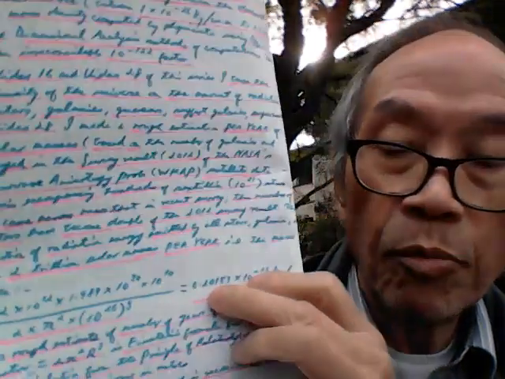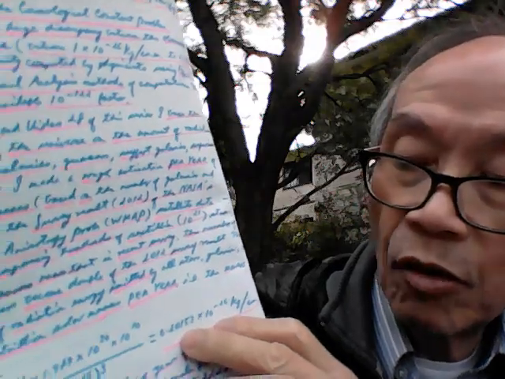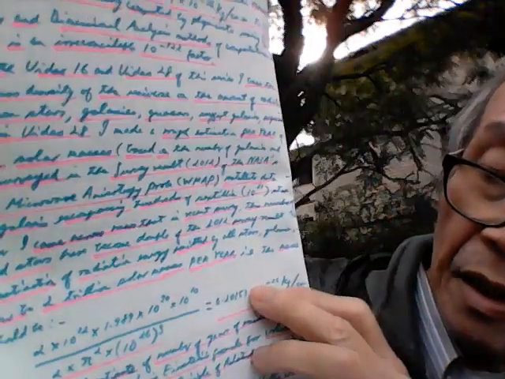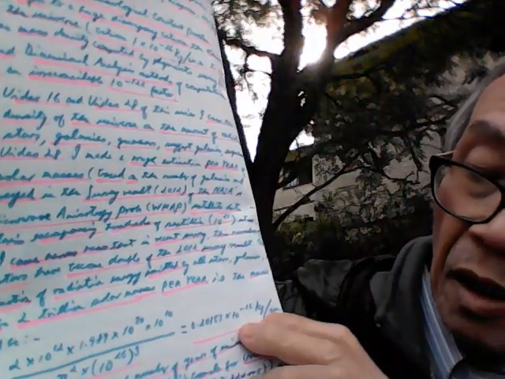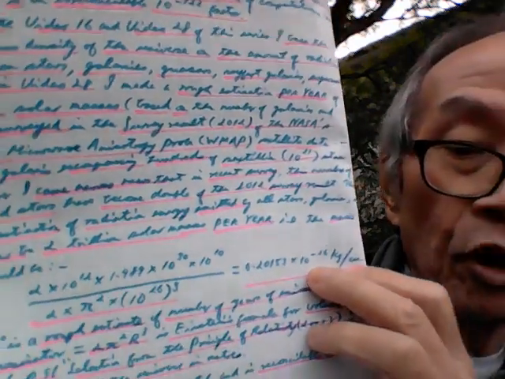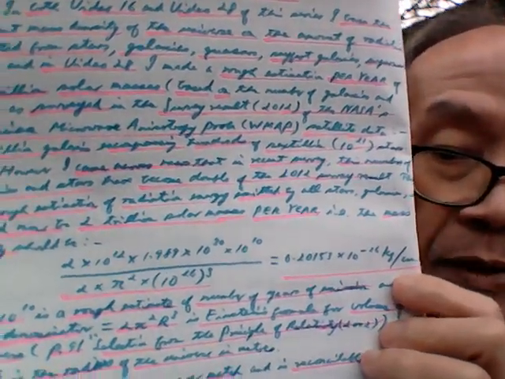And then the final result from it is 0.20153 times 10 to the power minus 26 kilogram per cubic meter. I've got the result.